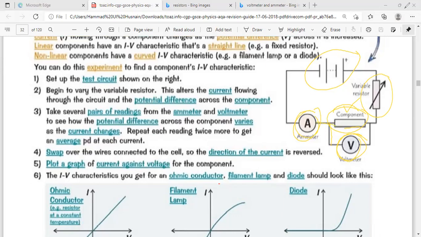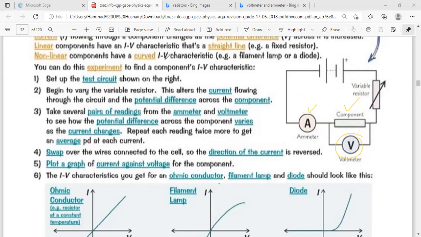As we were discussing earlier, whenever we put an ammeter in a circuit, we place it in series, and in case of a voltmeter, we put it in parallel. So here the voltmeter is placed in parallel with this component across which we want to find the voltage, and the ammeter is connected in series to this component through which we want to find the flow of current.